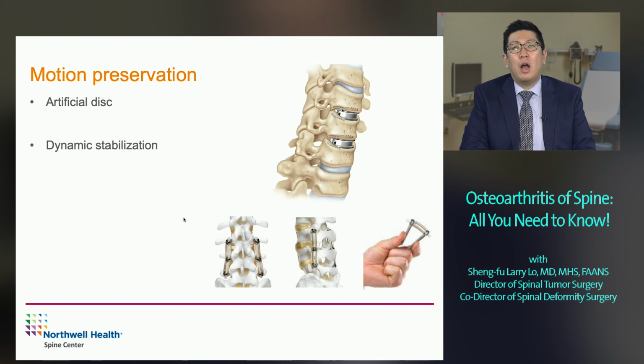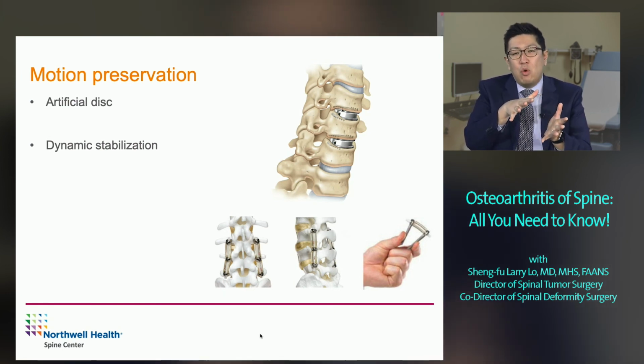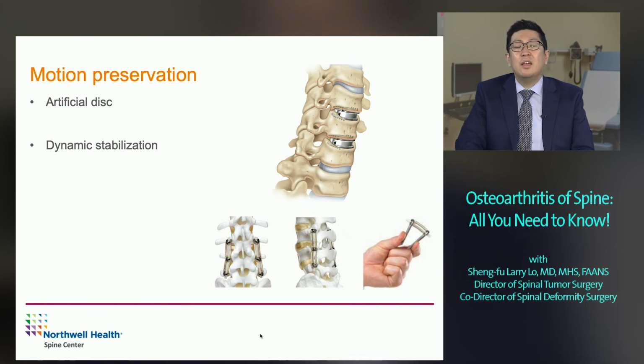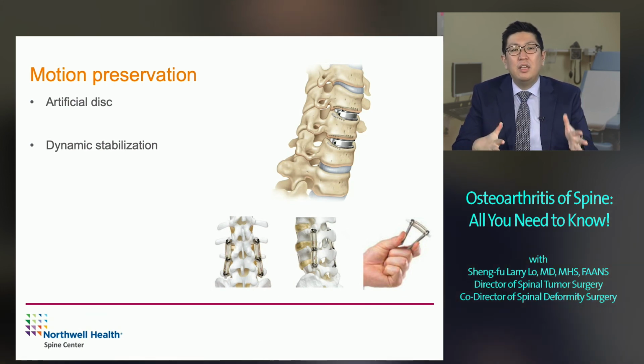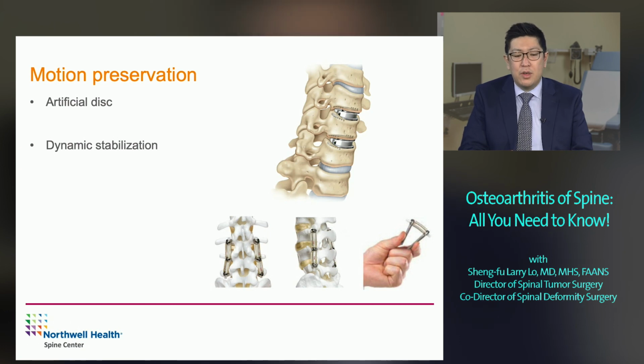And a more controversial area is this concept of what we call dynamic stabilization, where we actually put in screws, but then the screws and the rods can actually move. And the idea there is that you're specifically limiting the spine to move in a physiologic manner. This is a little bit more controversial and a bit of a newer technology.